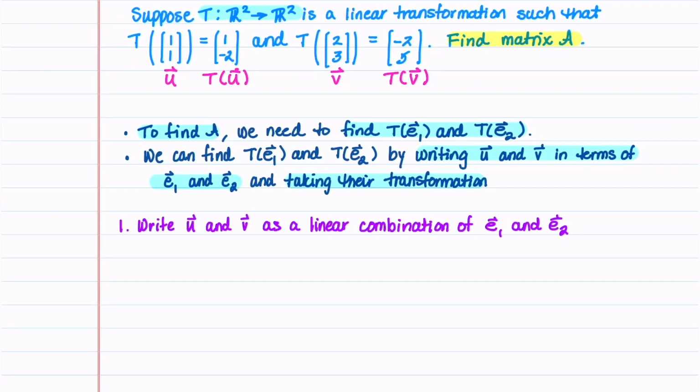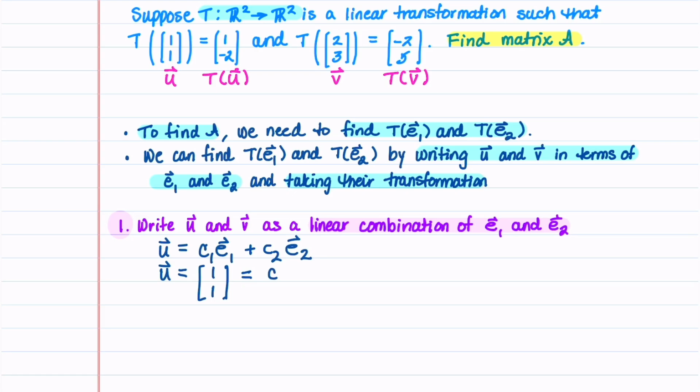I have our problem broken up into steps. Our first step is to write U and V as a linear combination of E1 and E2. Let's go ahead and do that. We'll start with U and write that U is equal to C1 E1 plus C2 E2. Our vector U is given up above as 1, 1.